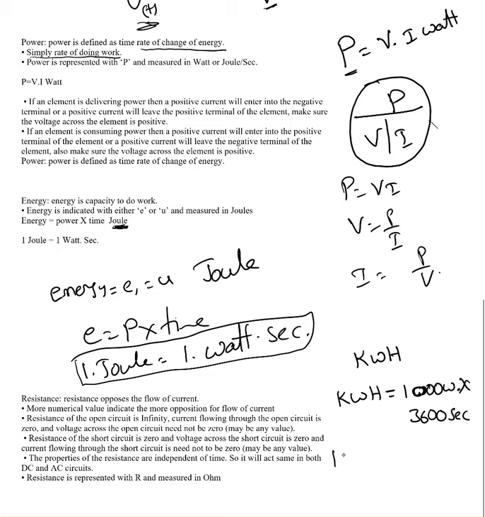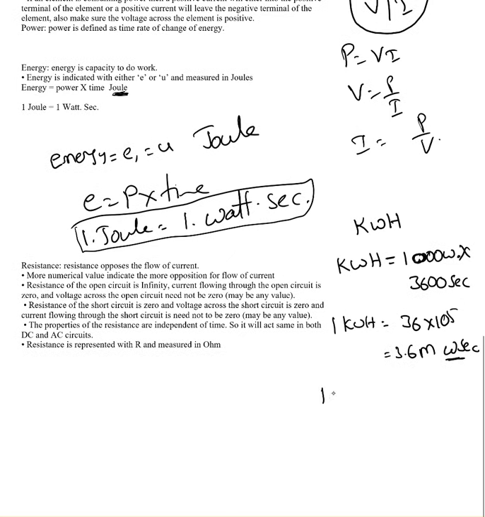So basically 1 kilowatt hour is 36 times 10 to the power of 5, or you can say 3.6 mega watt second. Watt second is nothing but 1 joule. So 1 kilowatt hour equals 3.6 times 10 to the power of 6 joule. That's the conversion for kilowatt hour to joule.